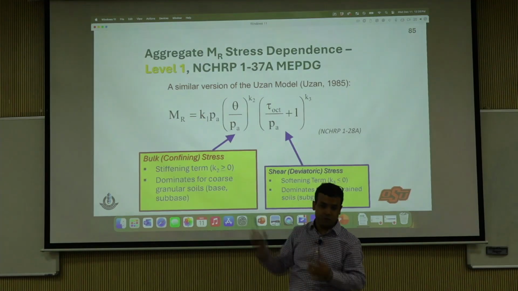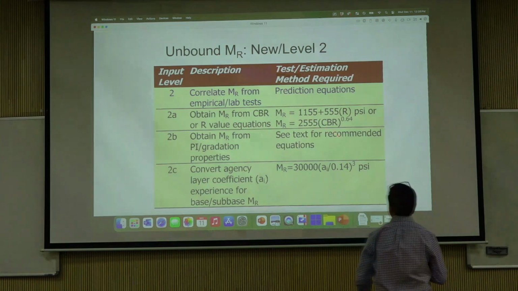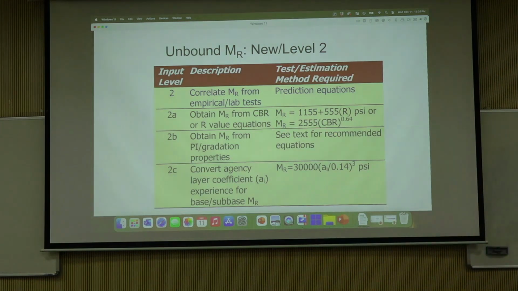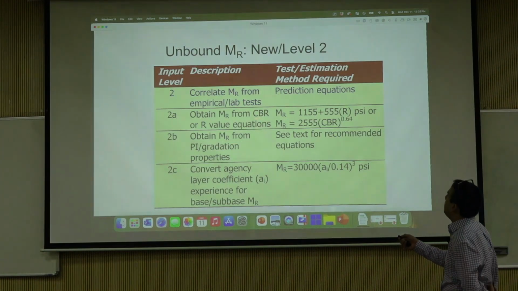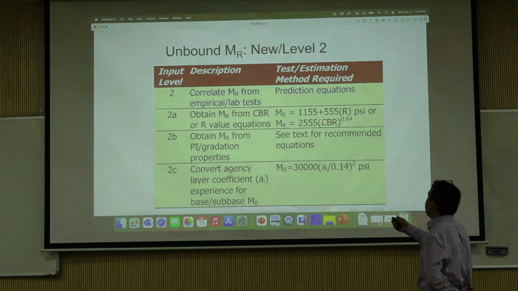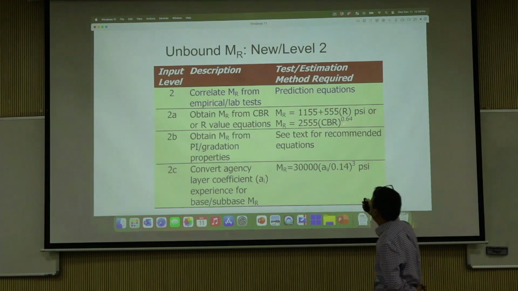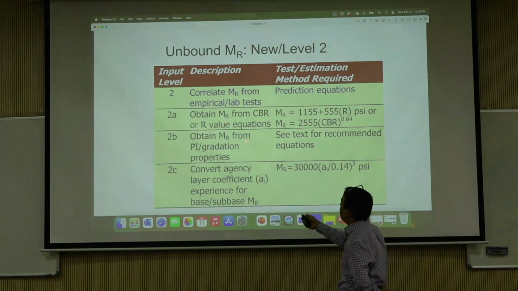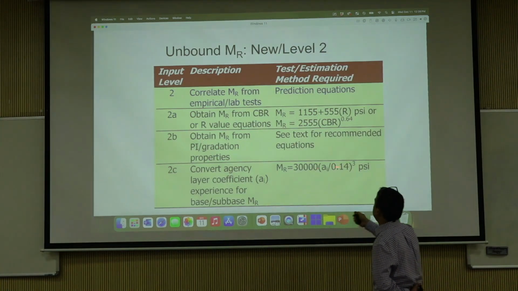Straightforward, right? We should be able to fit models. Level 2 design, right? What is level 2? We have something else and we are going to predict, right? So correlate from empirical lab tests: obtain MR from CBR, which is 2555 CBR raised to power 0.64; obtain MR from PI or gradation properties; convert agency layer coefficient into this.